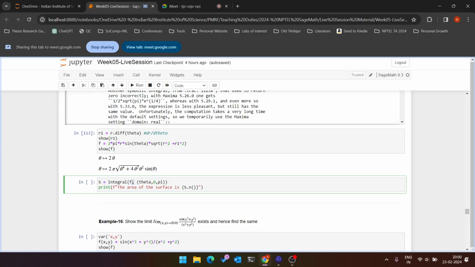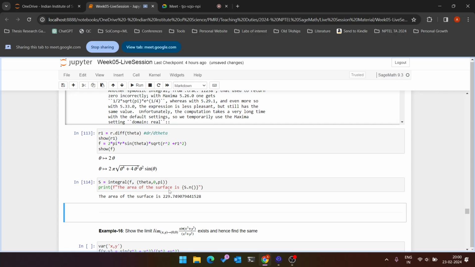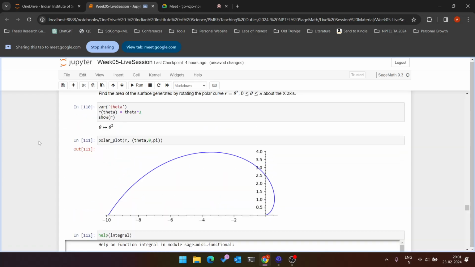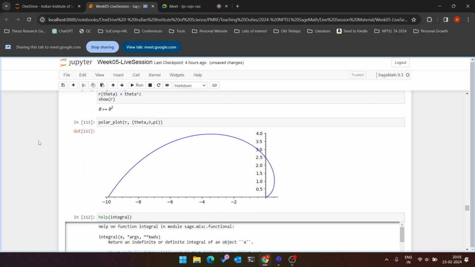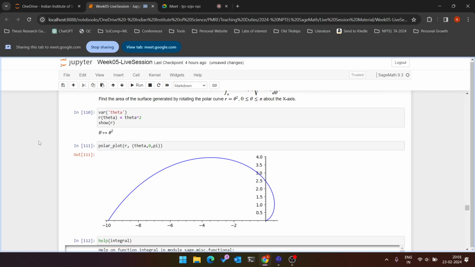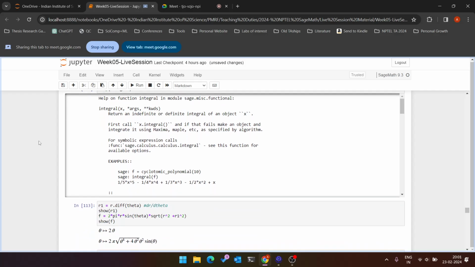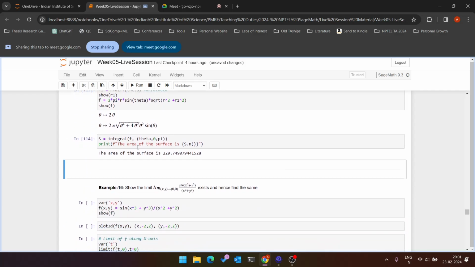It is nothing but the integral of this f of theta from 0 to 2 pi. So from this we can calculate how this surface looks like. So this is our area of the surface.